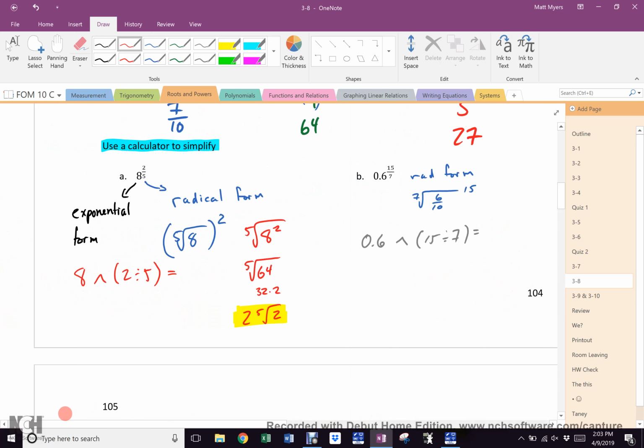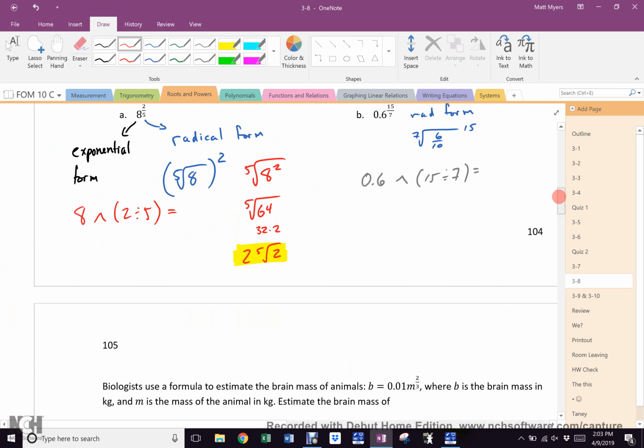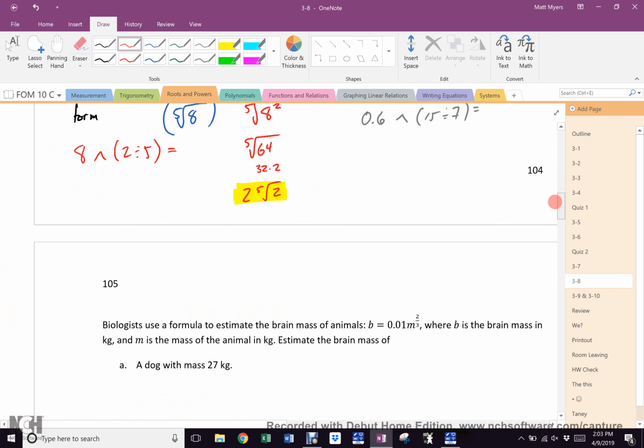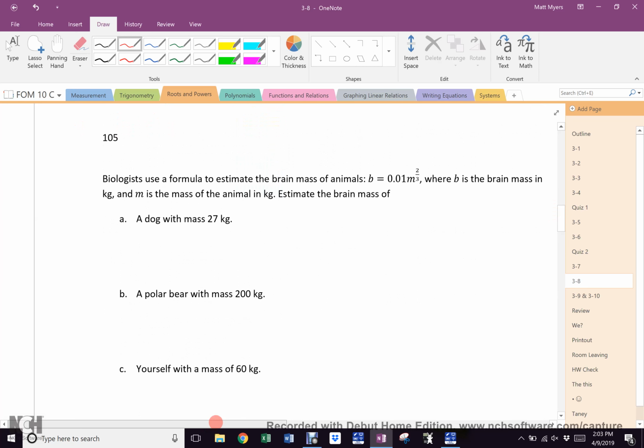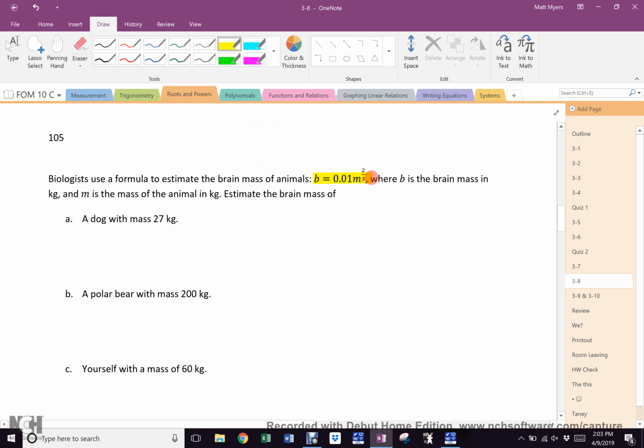Okay. So, let's look at this situation in sort of a real life situation. Here, I've been given a formula. Easy peasy lemon squeezy.